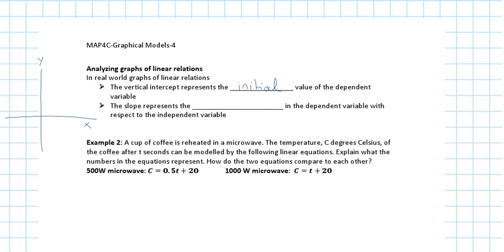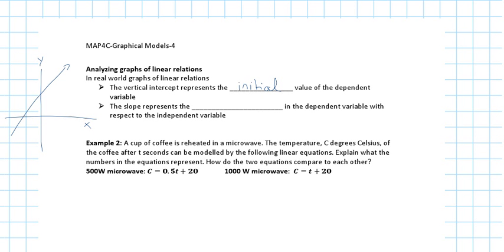Y is vertical, right? If I'm graphing a line, the vertical intercept, what do we usually call it instead? We call it the y-intercept.